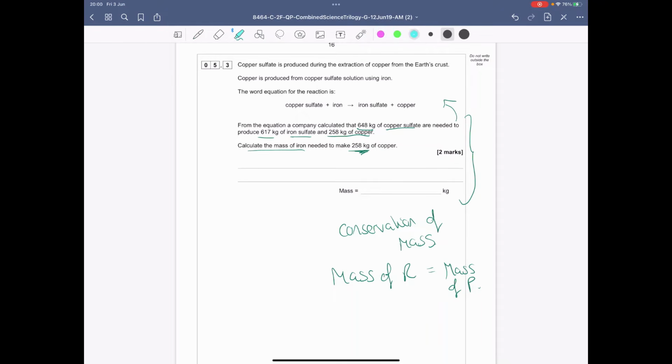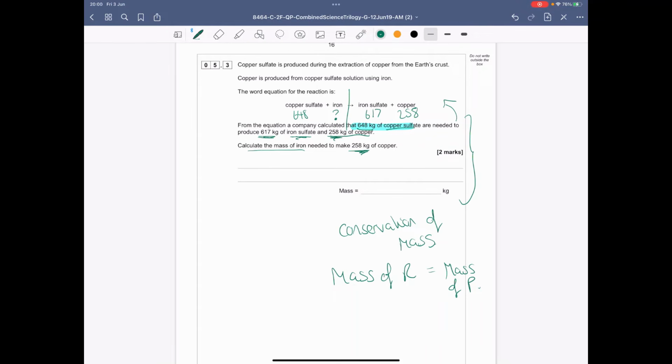You've got 648 of copper sulfate, so write that underneath it, 648. You've got 617 of iron sulfate, 617, and 258 of copper. We are finding out how much iron we have to make up.